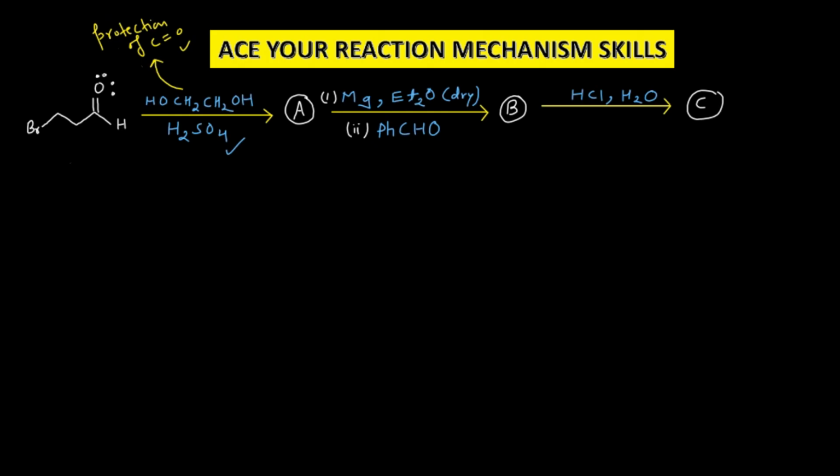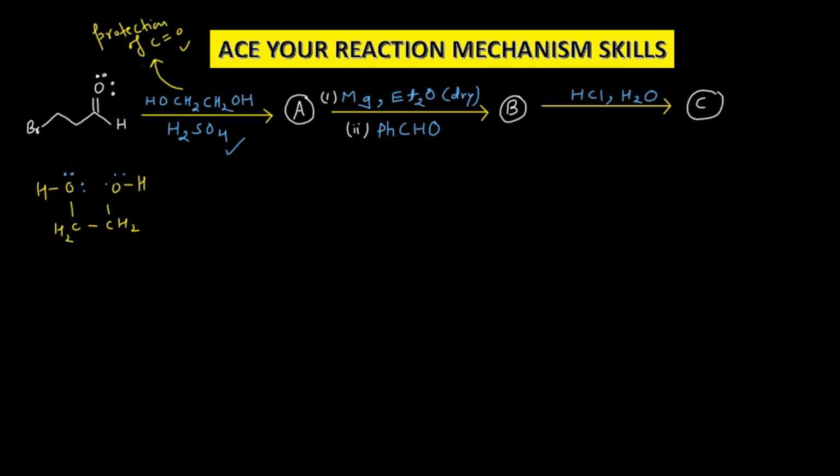So how the reaction goes, please see. Say this is my oxygen, this is my hydrogen again, this is my CH2, and this is my another CH2, and this is the OH group. In organic reactions, it is very important to know the concept of lone pairs on the residual atoms or the formal charges present on the atoms.